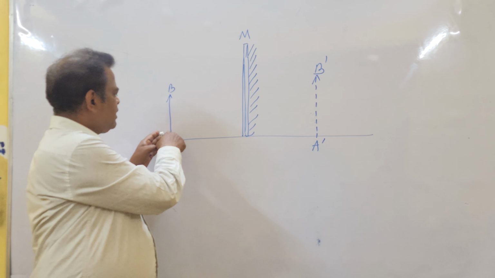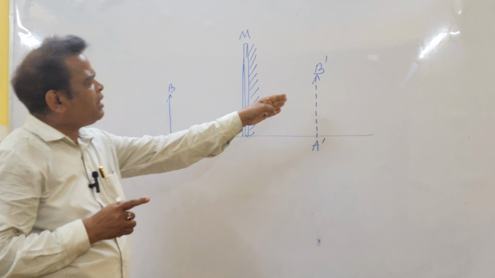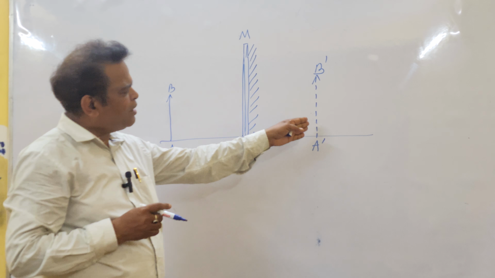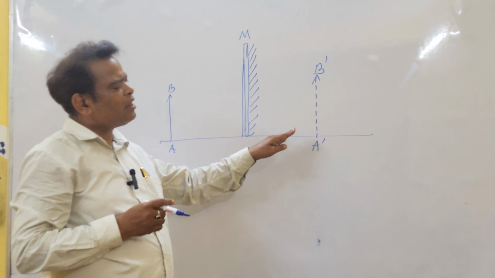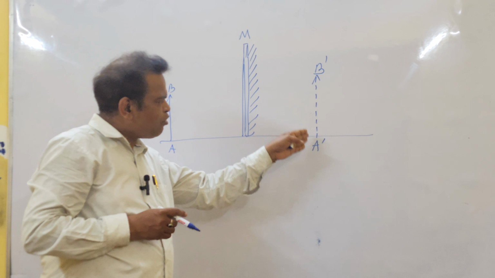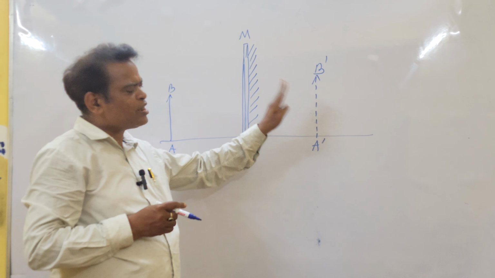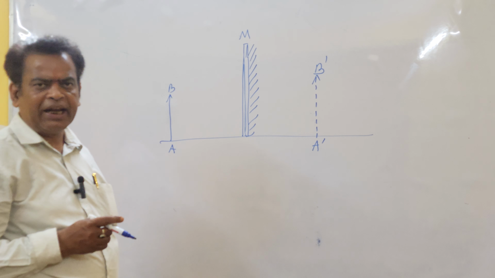The image formed by a plane mirror is virtual, so we have drawn the dotted line. When we get a real image, you have to draw a clear line, but when the image is virtual, you always have to draw the dotted line.